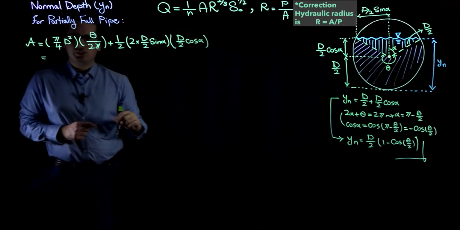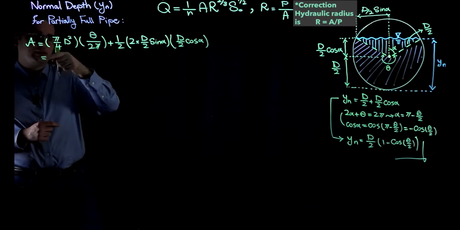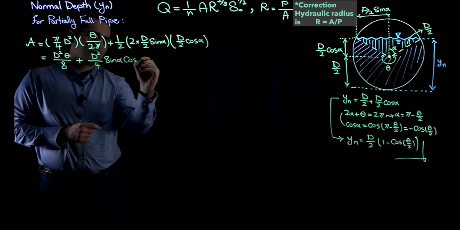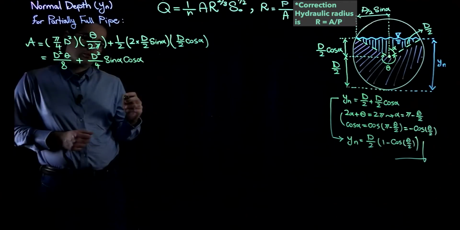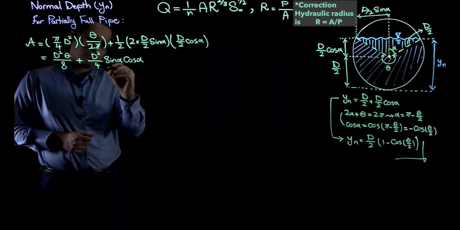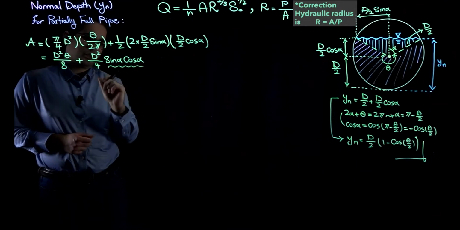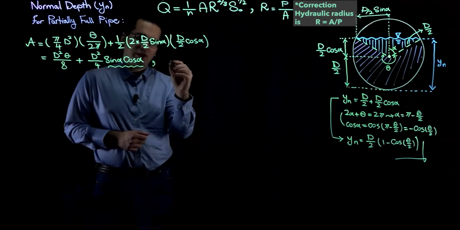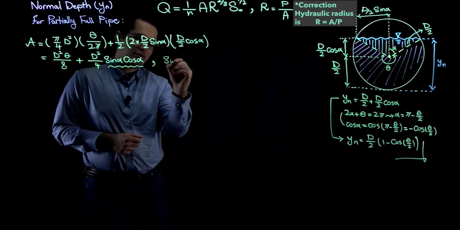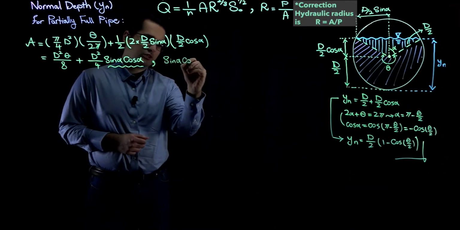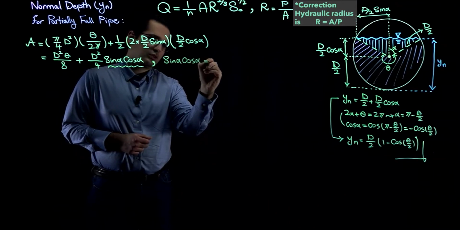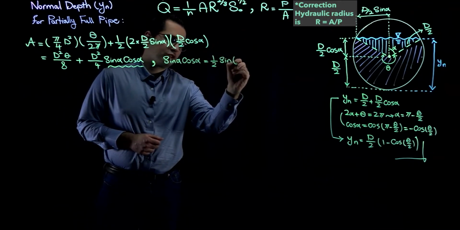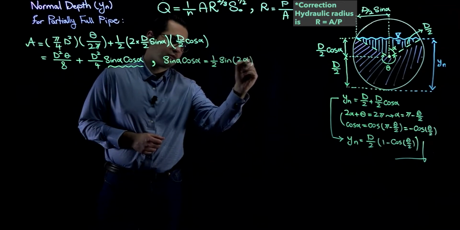Let's organize this equation and write it over here. Pi and pi will cancel each other out, so you will have cosine of alpha. You probably remember from trigonometry that this should be familiar to you. From trigonometry, you remember that sine of any angle times cosine of that angle is equal to half of sine of 2 times that angle.